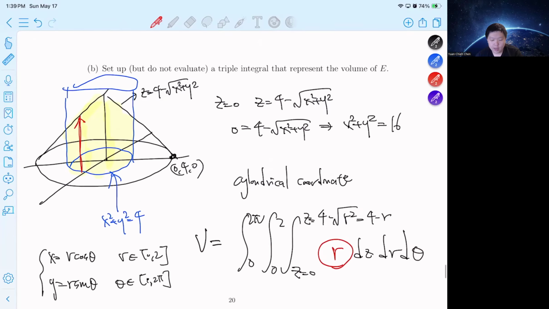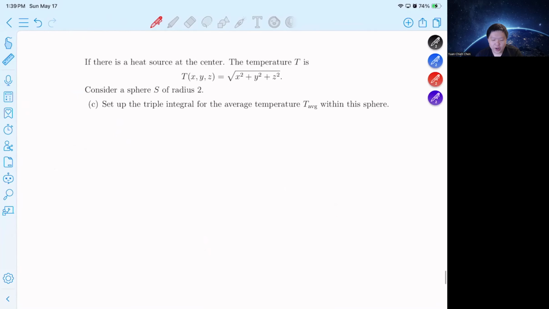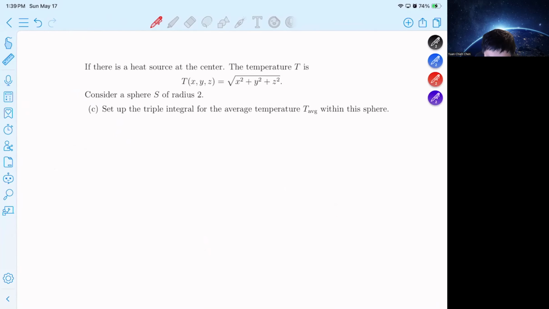Okay. So speaking of spherical coordinates, let's do the spherical coordinates. So if there's a heat source, the temperature is this guy, and S is the sphere of radius 2. So I want to find the average temperature. So the average temperature will just be the triple integral over the volume of that thing.